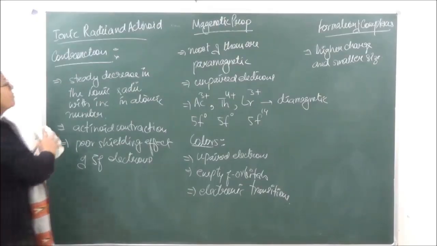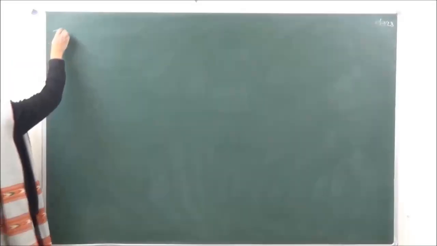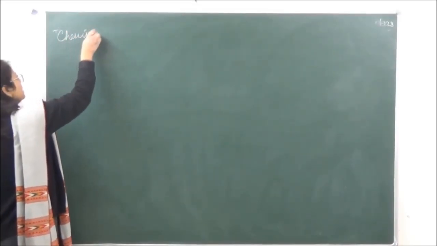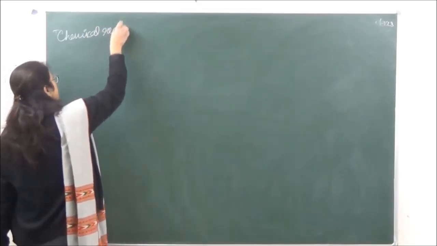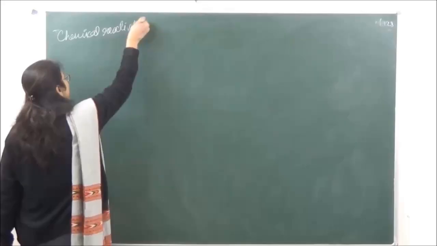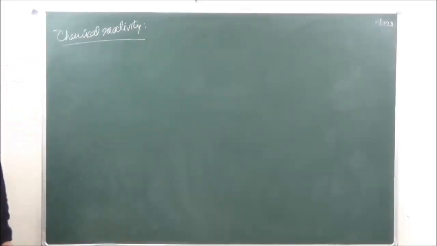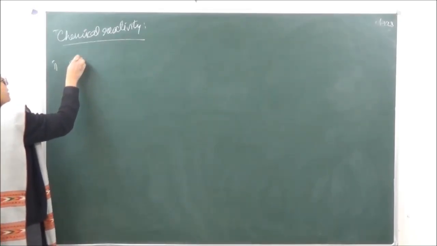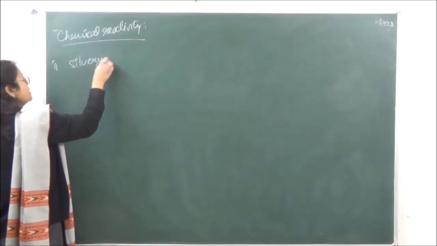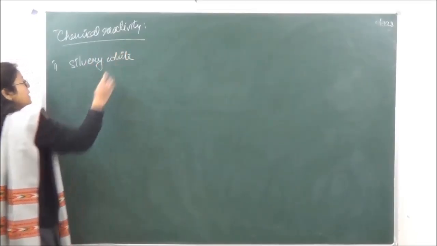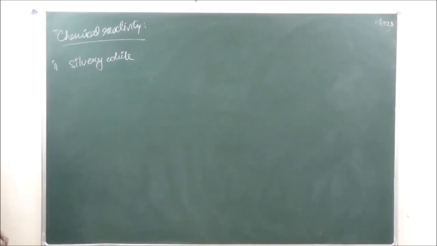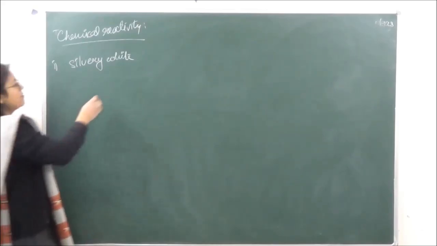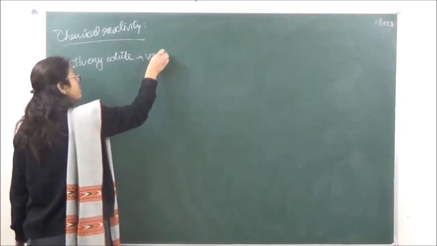Then finally we come to the chemical reactivity. Over here, let's talk of the main characteristics of chemical reactivity of actinoids. The first one is that the actinoid metals are all silvery white, right? And they have variable structures.